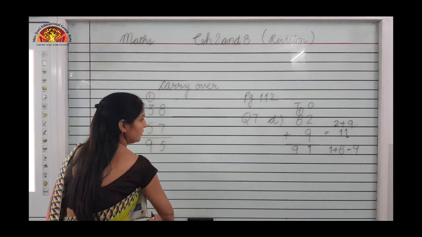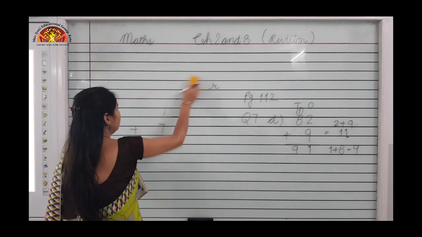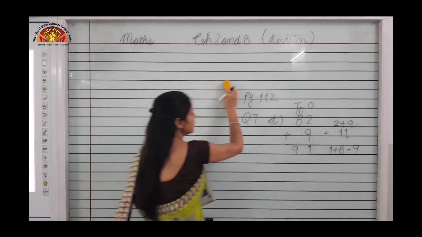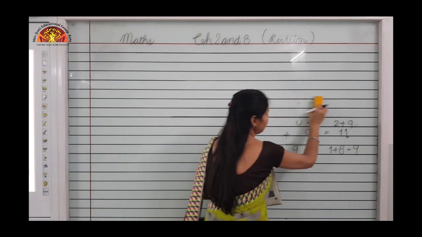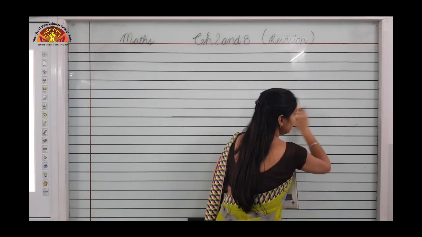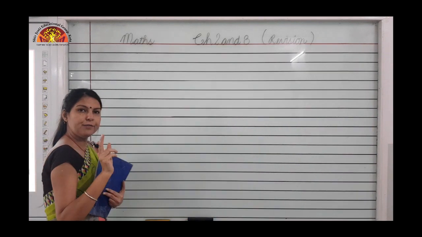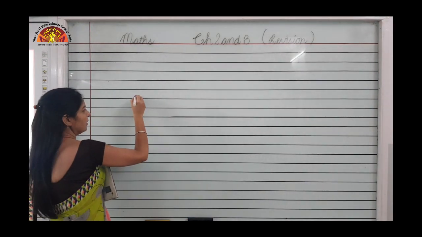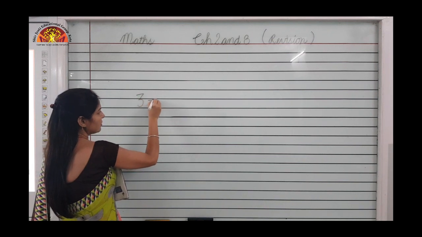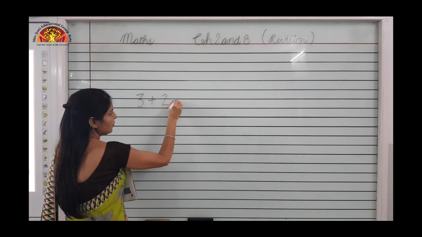Now children, we will see how we can solve sums in the horizontal method. Horizontal method से हम sums को कैसे solve कर सकते हैं. First of all we will see one digit numbers. The numbers given are 3 plus 2 plus 0.